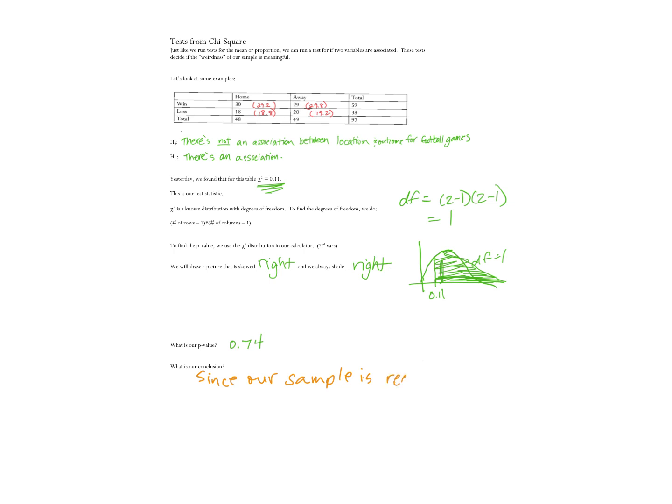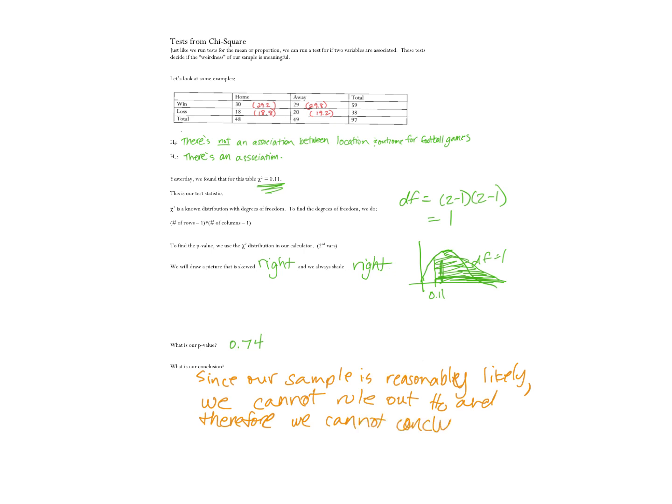It is reasonably likely. We cannot rule out H0, and therefore we cannot conclude an association. In this case, we cannot conclude a home field advantage.